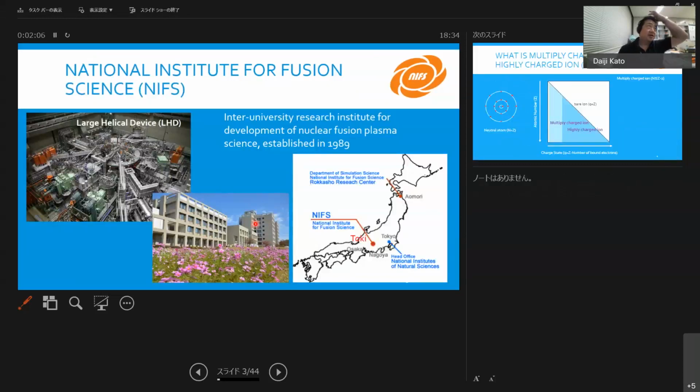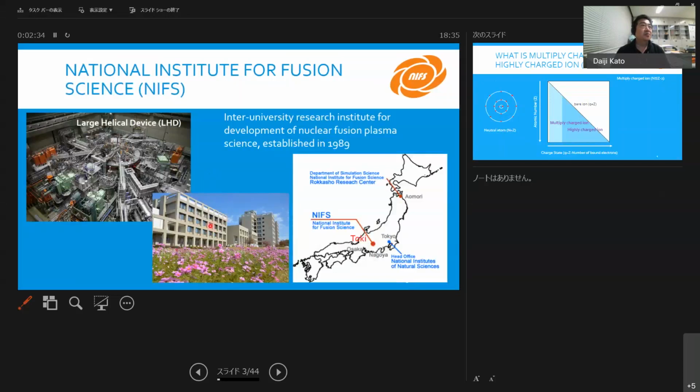Okay, this is the table of contents of my talk. First, I will explain the background and motivation of our study, and then I will introduce our experimental device, the compact electron beam ion trap, CoBIT. And I would like to share some results of spectroscopic measurements with CoBIT.